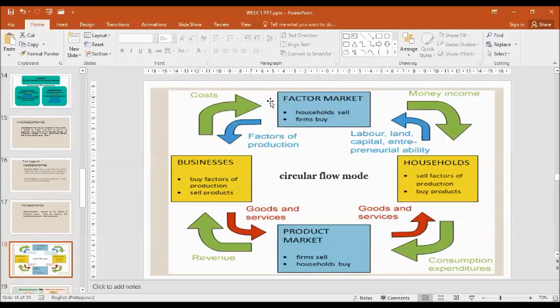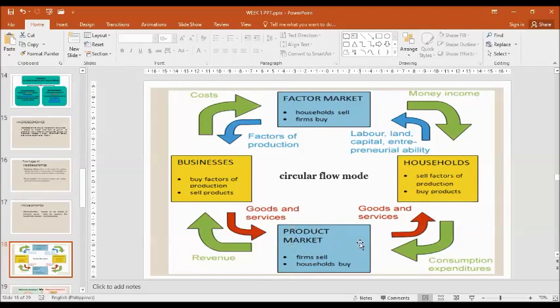They will incur expenses or costs to the factor market. In return, the household will receive money or income. Since the business incurs expenses or costs because of its operation, the business will provide goods and services to the household through the product market.